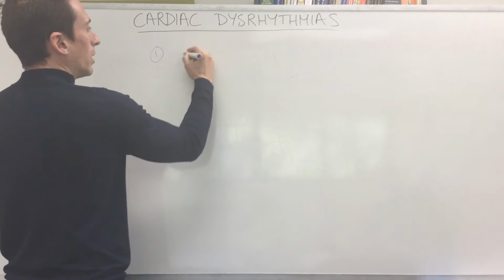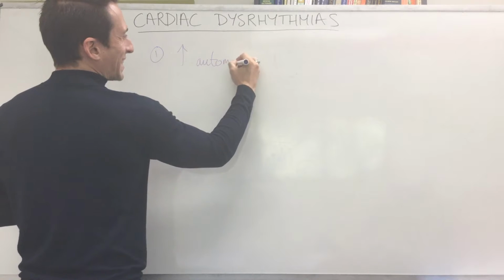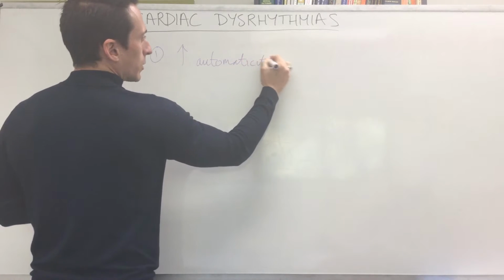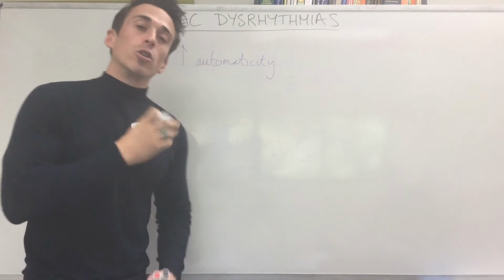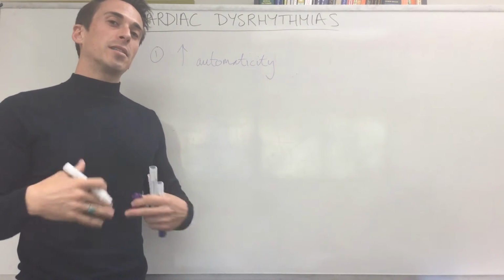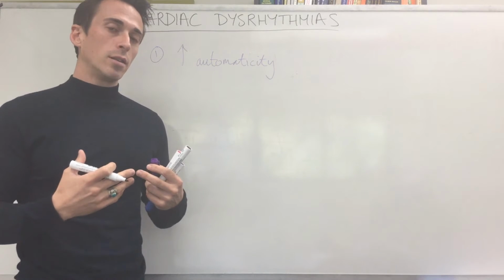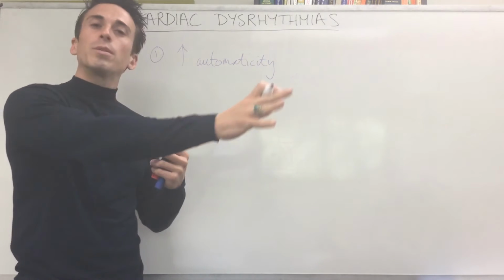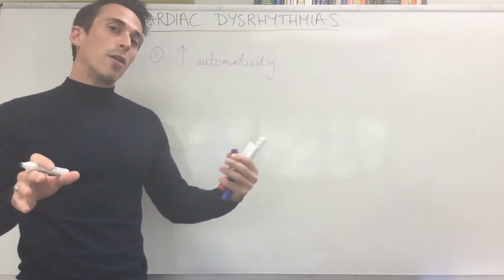Number one, they include increased automaticity. So what does that mean? Automaticity, automatic. Certain cells within the heart spontaneously depolarize to send that action potential down and result in depolarization events throughout the normal conduction pathway.